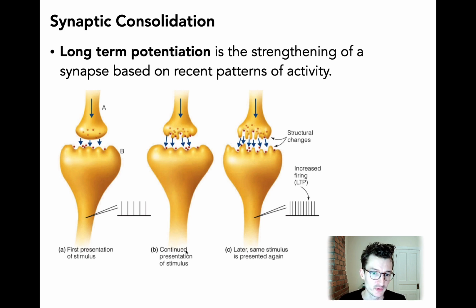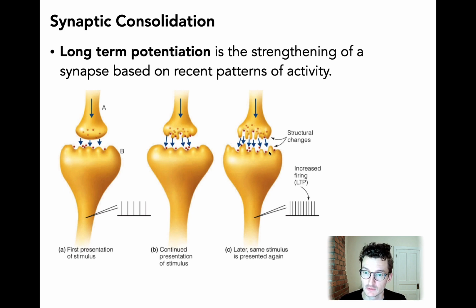So before learning, we may say that the presynaptic neuron fires, it releases neurotransmitters. So presynaptic neuron is neuron A here, it fires, releases neurotransmitters that bind with the postsynaptic neuron, and we see this sort of low level of firing. As these two neurons fire together repeatedly, the postsynaptic neuron actually creates more binding sites for the neurotransmitters released by the presynaptic neuron to bind on.